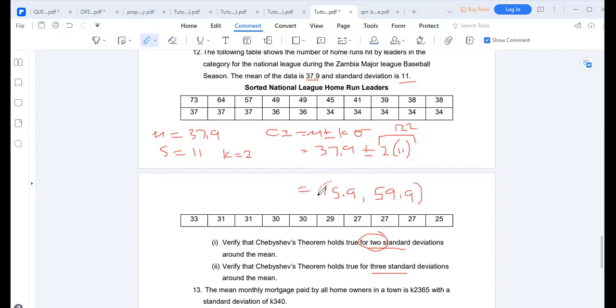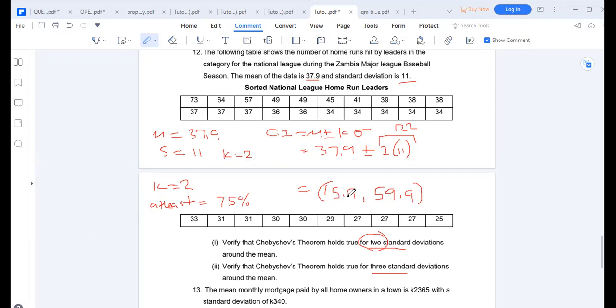So the rule under Chebyshev, which says that if our k is 2, what is the percentage? At least how many? At least 75%. Remember, right? For 2 standard deviations, at least 75%.